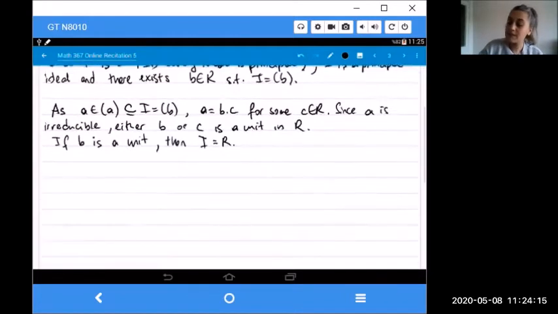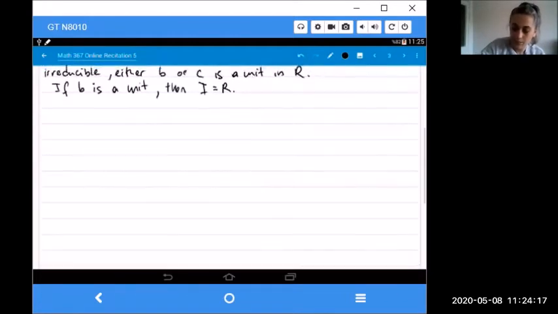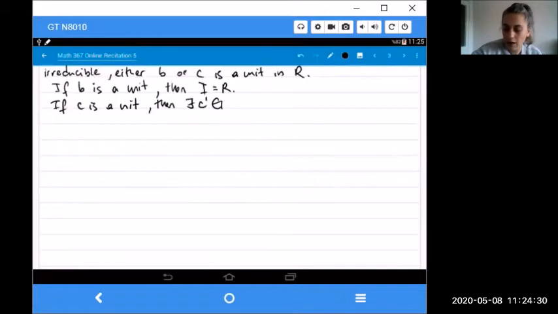If not, if C is a unit, then there exists C prime in R such that C times C prime is equal to the multiplicative identity.